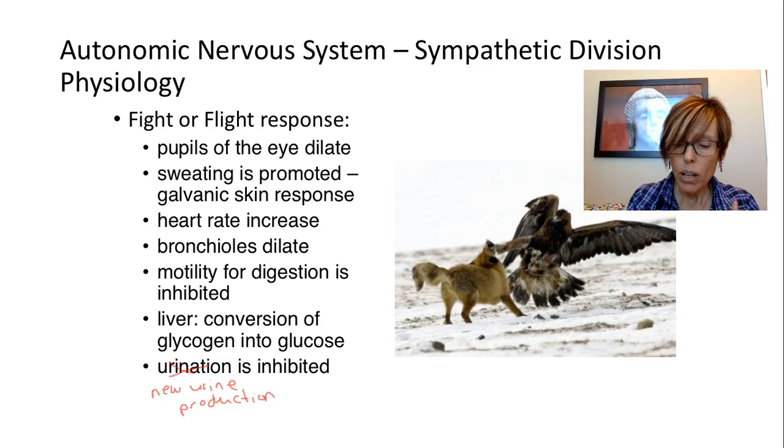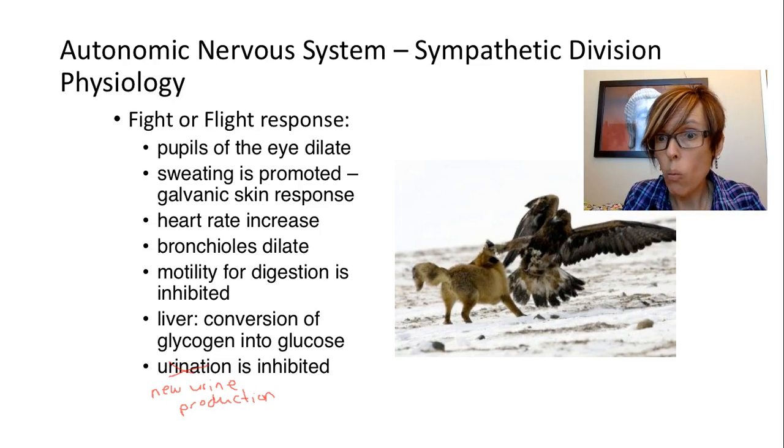However, your body will inhibit any new urine production, because by producing urine you're losing water. If you're losing water, you have the potential to lose blood volume, plus you need that water for sweat so you can keep cool and not overheat. So your body will stop any new urine production.